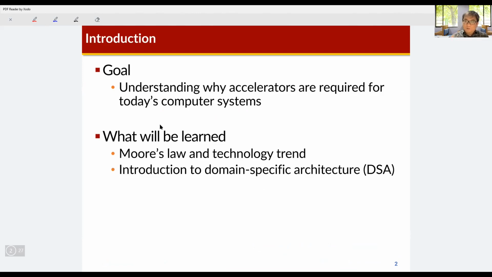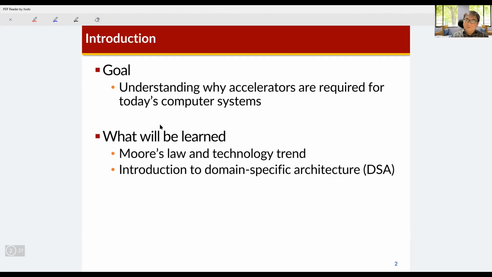When we talk about the computer system, that means CPU architecture or GPU architecture. You know the GPU was first developed in the 1980s, so it's very old.